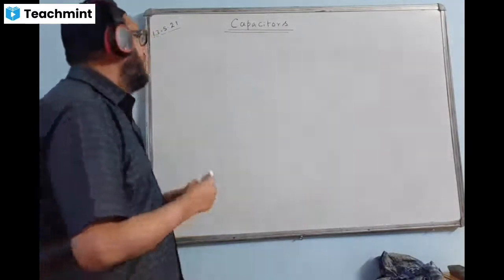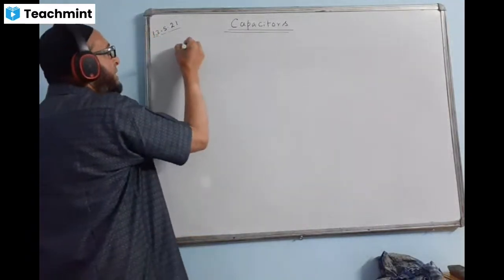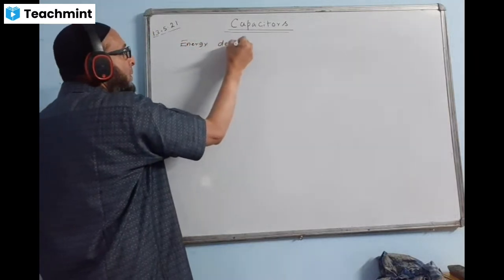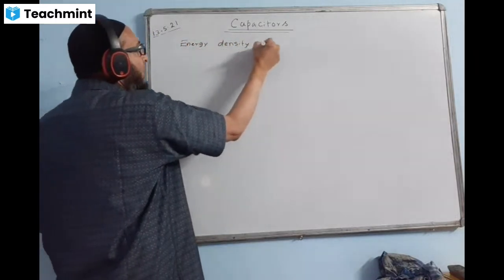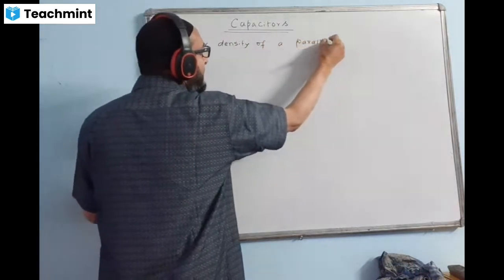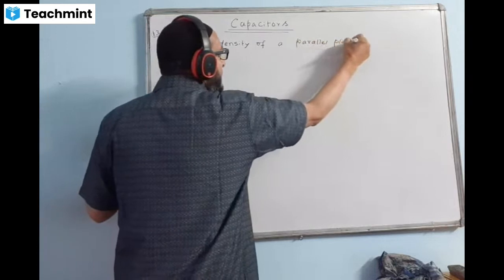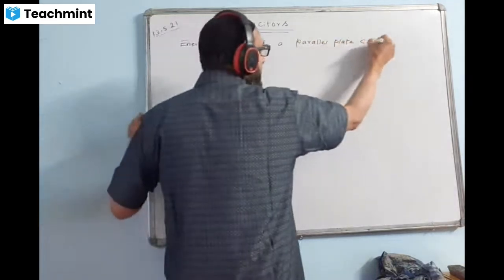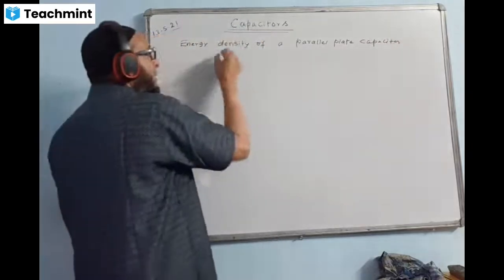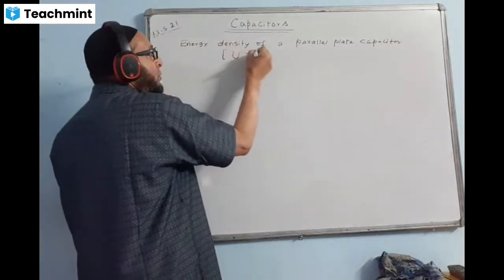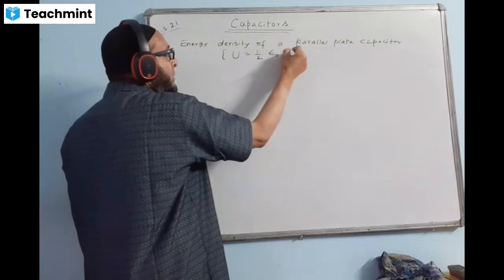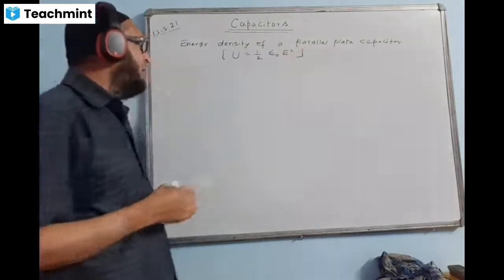Write down this one: energy density of a parallel plate capacitor is the heading, and in brackets you can add U is equal to half epsilon naught E square.